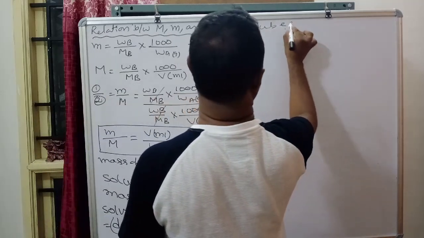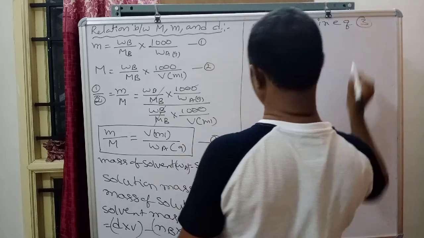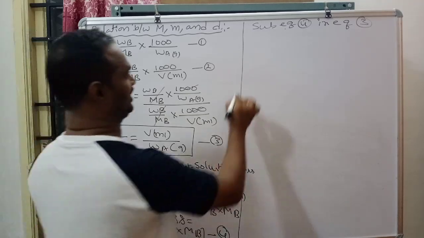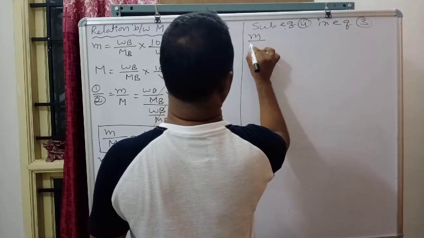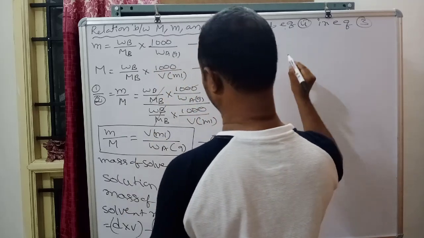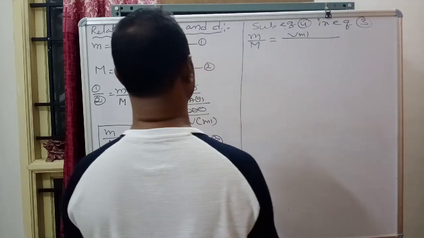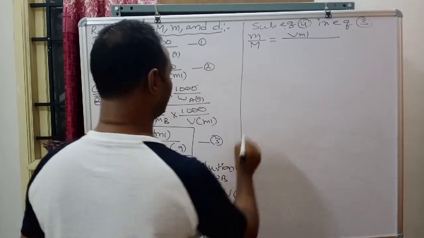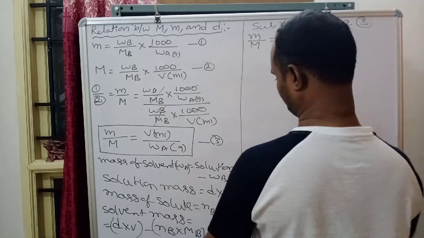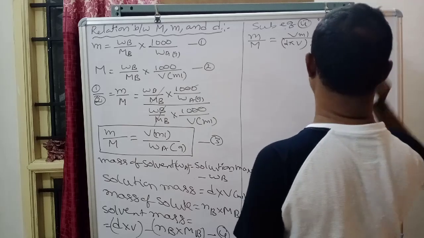Substitute equation 4 in equation 3. Instead of WA for the solvent mass, you can write this. What we get is small m by capital M equal to volume of solution by mass of solvent, which is D into V minus NB into MB.